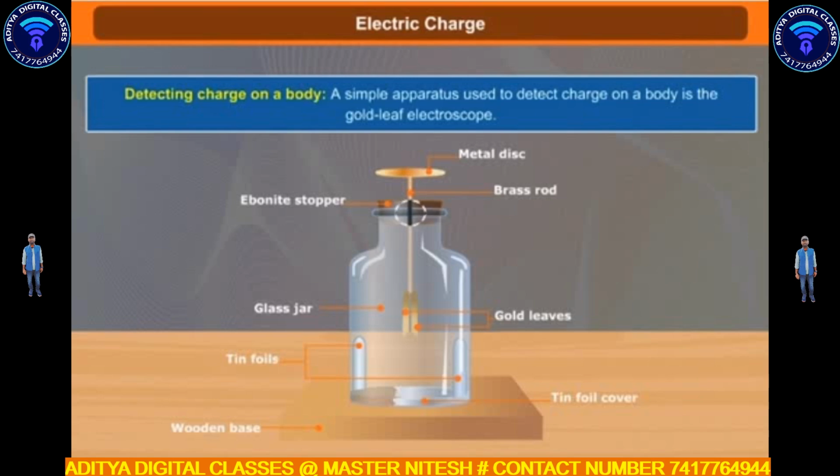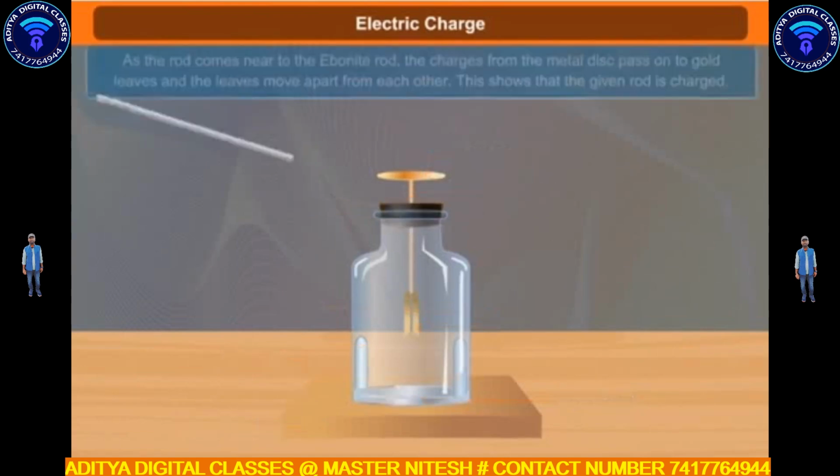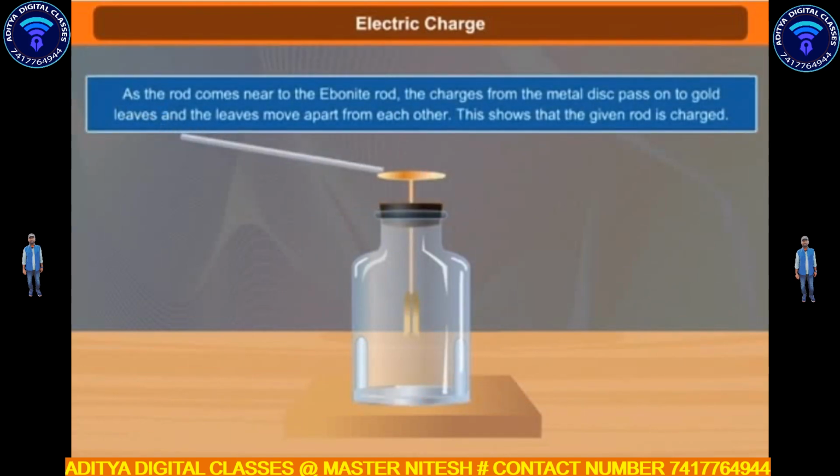Let's check whether the given glass rod is charged or uncharged with the help of a gold leaf electroscope. As the rod comes near to the ebonite rod, the charges from the metal disc pass on to the gold leaves and the leaves move apart from each other. This shows that the given rod is charged.